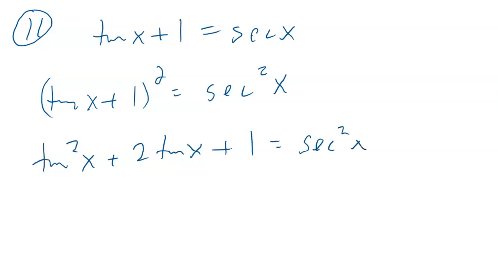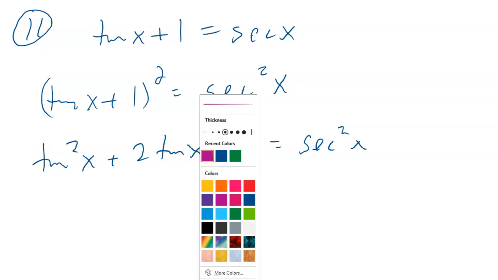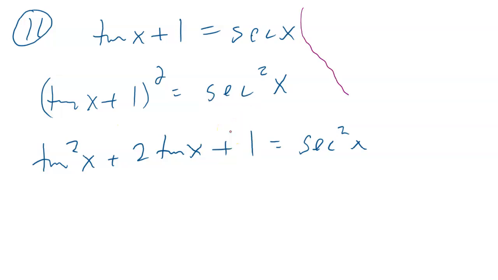And then now I got to do some side work. And the reason I have to do side work is I know there's a relationship between tangent and secant, but I always forget. So I start with the Pythagorean theorem. Cosine squared theta plus sine squared theta is equal to 1. I guess that's the Pythagorean identity, like the most basic one. And then I go, I know I have a relationship between tangent and secant.